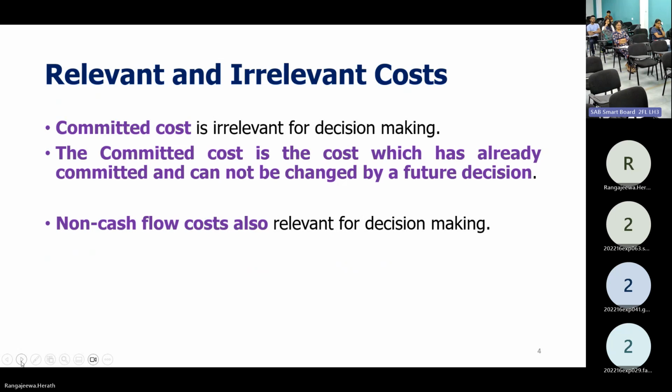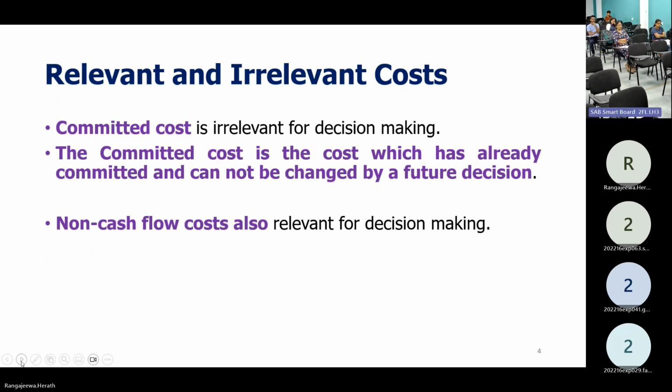The contract has been signed. Whether we keep it, whether we sell it to customer A or customer B, you cannot reverse this agreement. That means when you are considering the decision, this cost should not be considered because it is already committed.